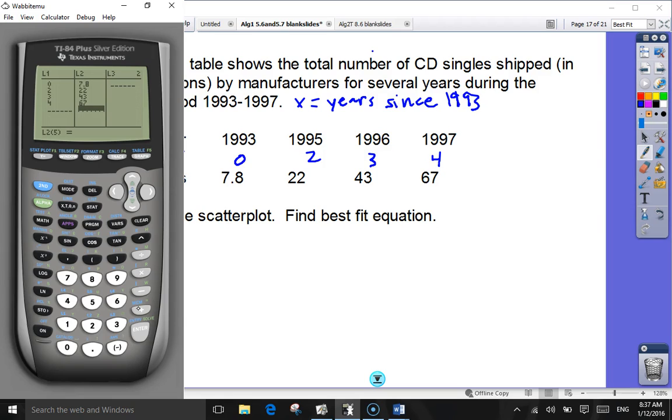You get it? Okay, so from here, when you go to the equation, so second one. Okay. So it looks good. Well, the first step is, you got to get the scatter plot. So remember, did you get the data in?